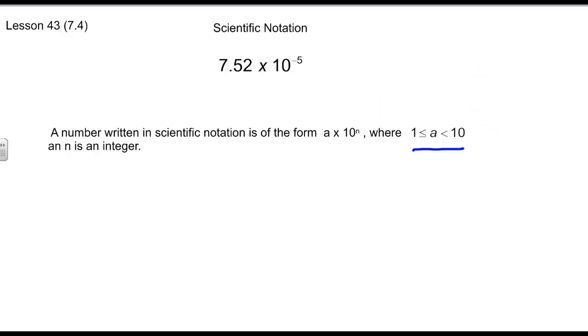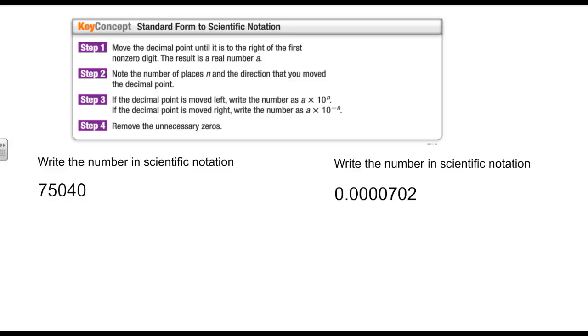And here are some rules for taking a number in standard form and writing it in scientific notation. The first thing we do is we represent our number as a number between 1 and 10, where 1 is included, 10 is not.